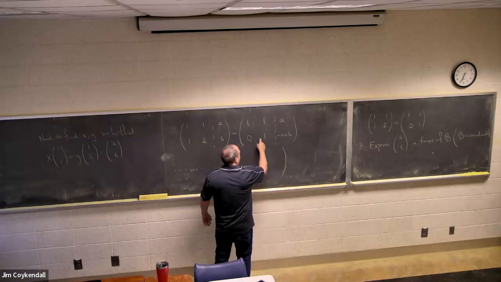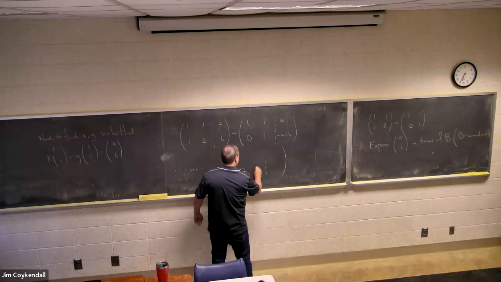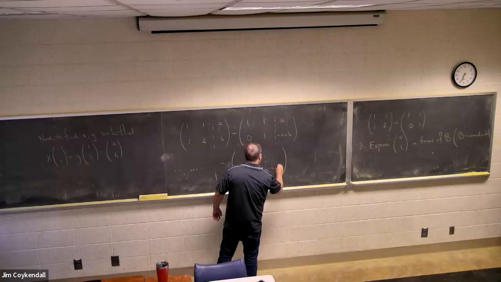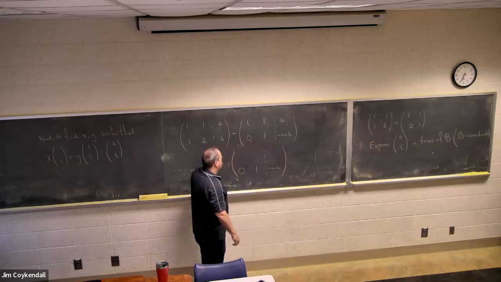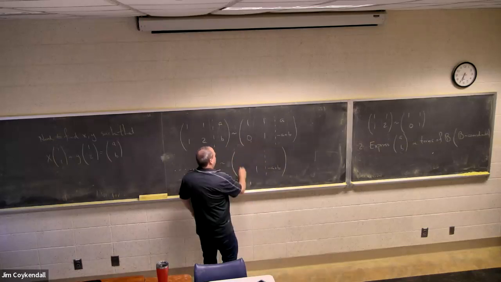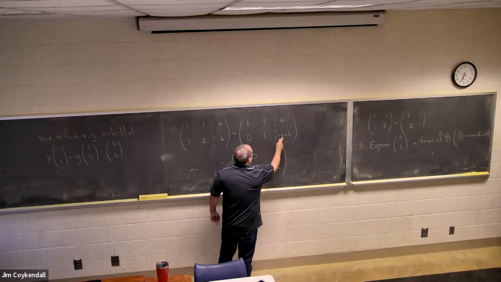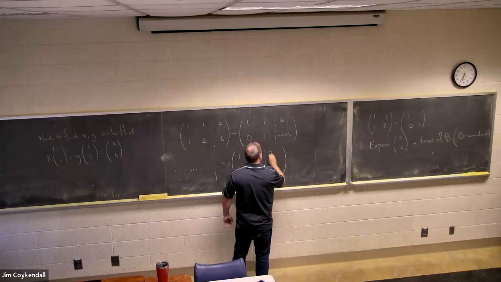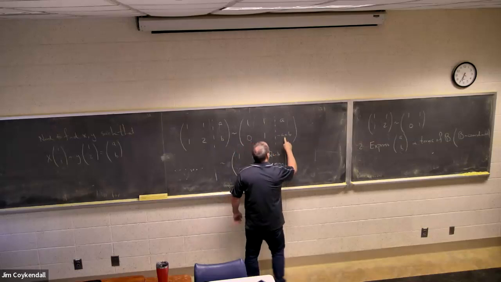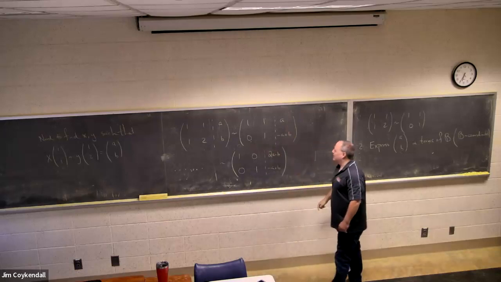Now we'll take -1 times this and add it to this, so I'm going to have the same bottom row. And my new top row is going to be 1, 0. -1 times this, that's going to be 2a minus b. Negative of this, added to this, gives 2.